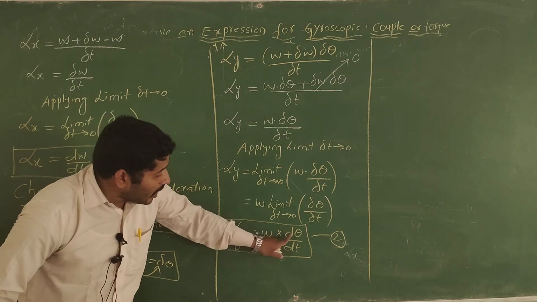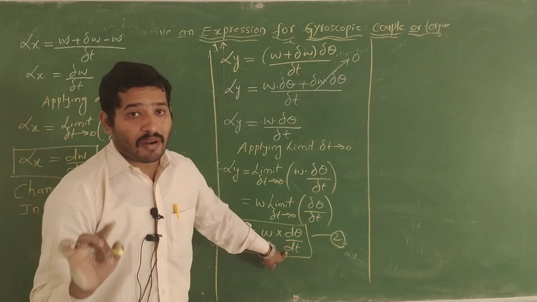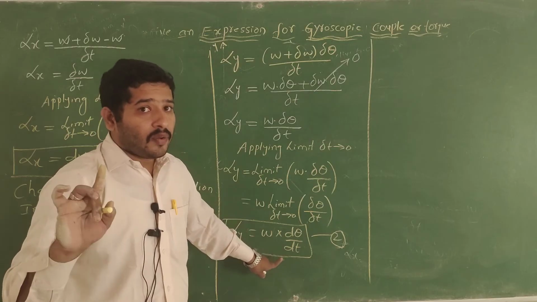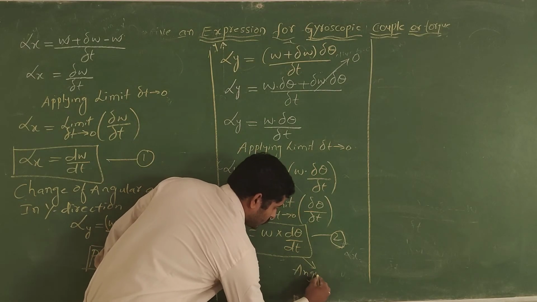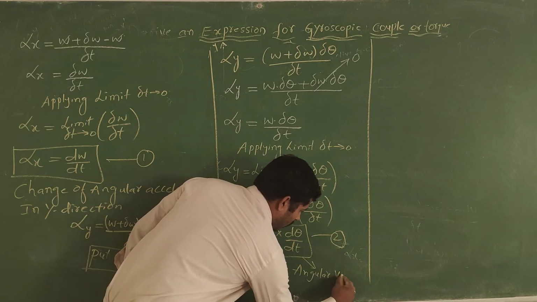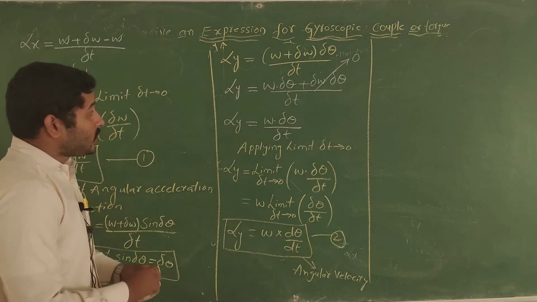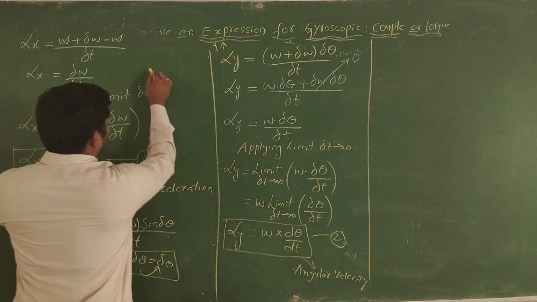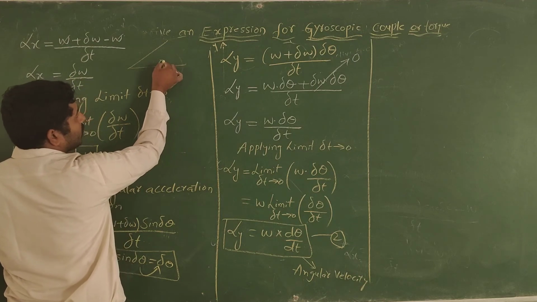The d theta by dt is known as angular velocity. Because the disk is rotating, let us see over here, the disk is rotating from initial to final.